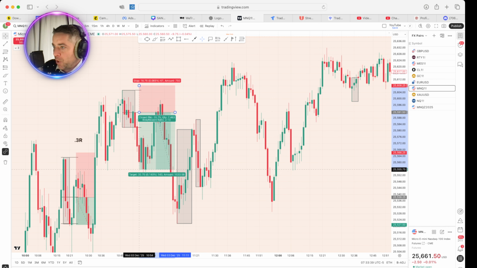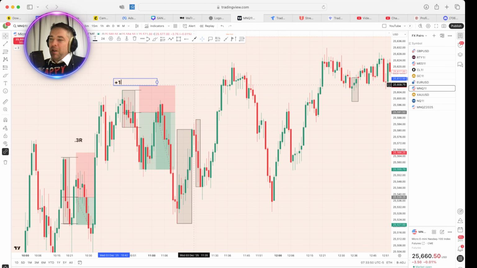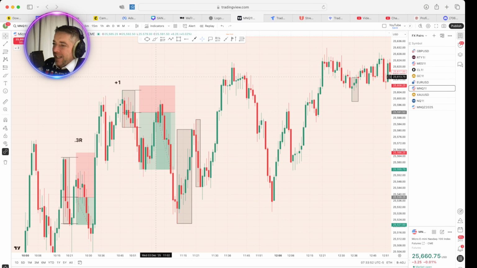We got a 2.13, so we will call that a plus 1R, give or take, because you take half the position off at 2R, and then the rest would go to break even.